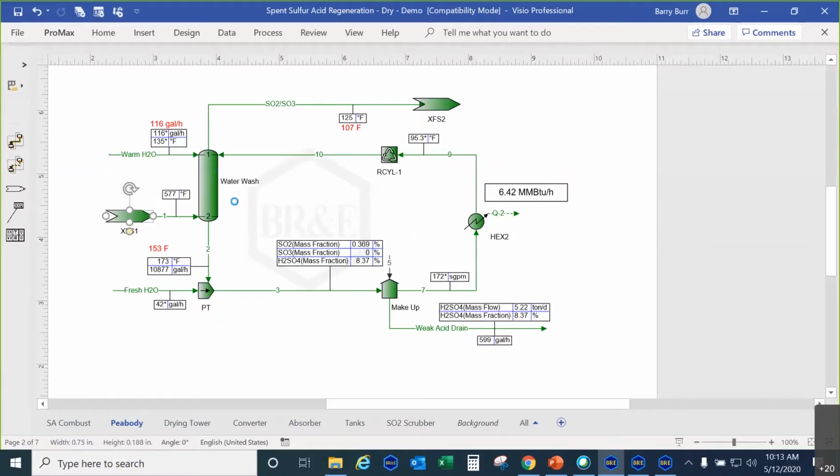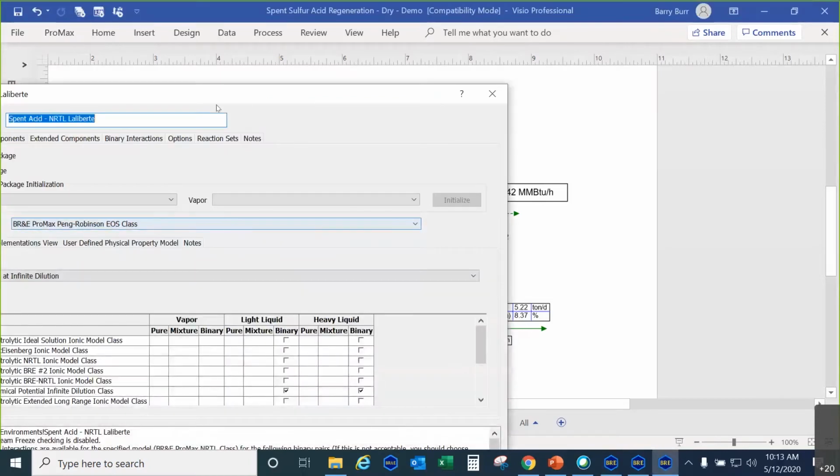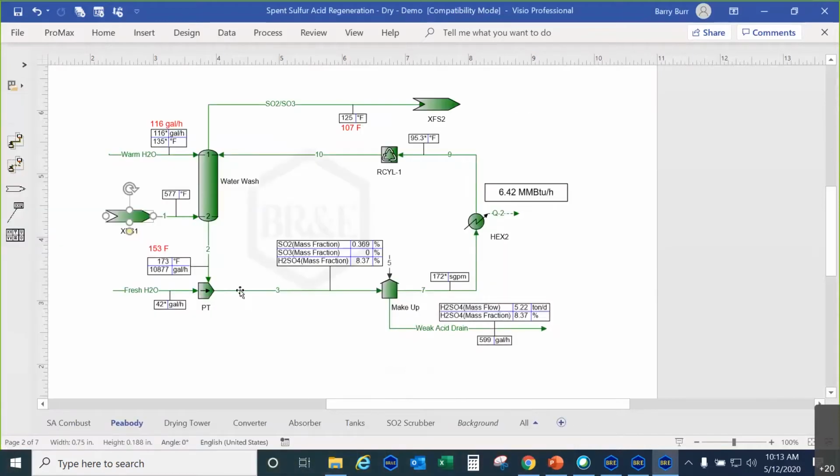I think it's going to be the liquid acid environment, but I'm not sure. Yeah, here, because there's potential for acid to be in the liquid phase, you see this circulating loop. It ends up having 8% sulfuric acid.